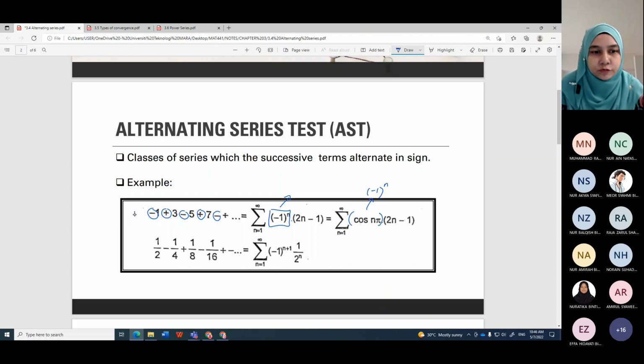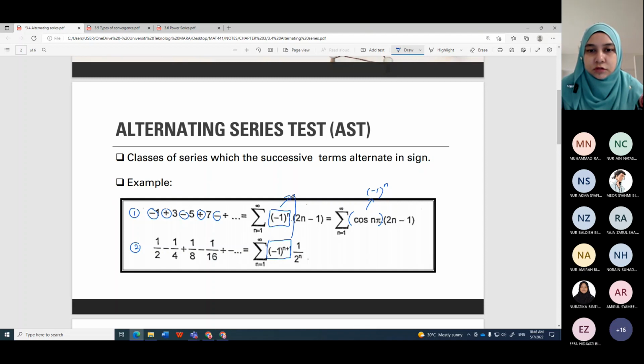Or we have this series: 1/2 minus 1/4 plus 1/8, minus and so on, which is equal to the summation of -1 to the power of n plus 1 times 1/2 to the power of n. So we have this function, -1 to the power of n plus 1.